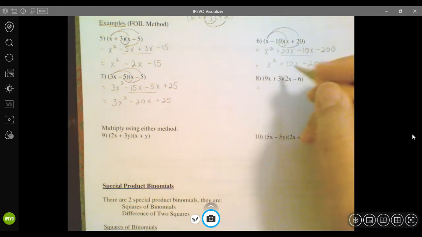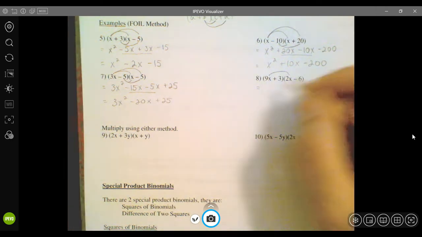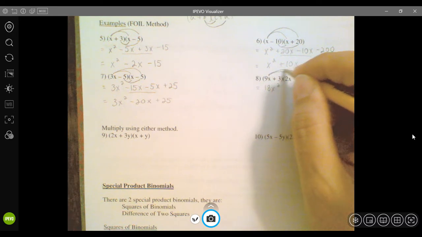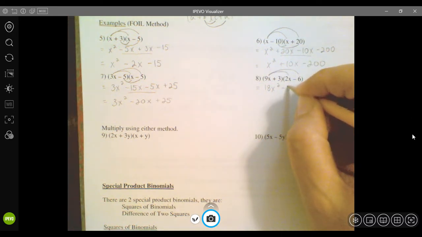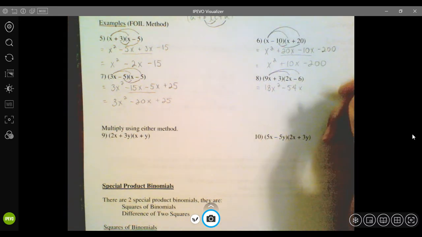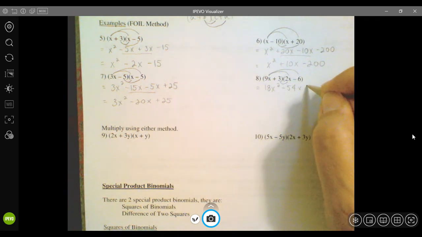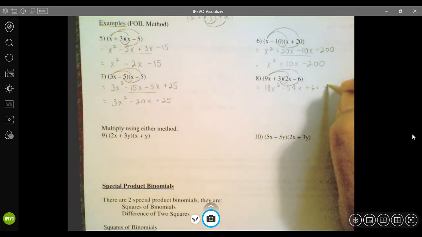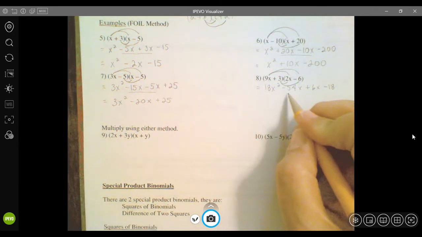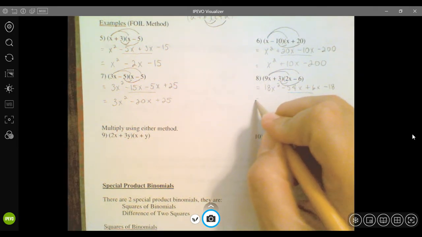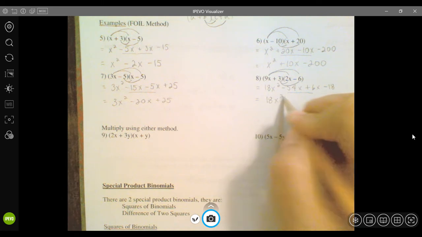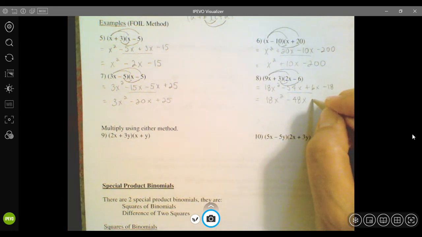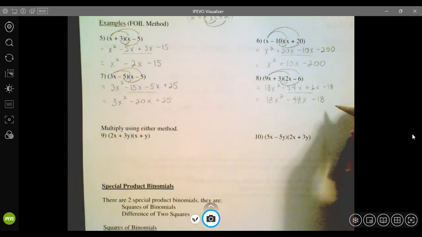All right, my last example. First times first is 18x squared. Outside times outside is negative 54x. Inside times inside is a positive 6x. And then last times last is negative 18. My like terms are here. We get 18x squared minus 48x minus 18.